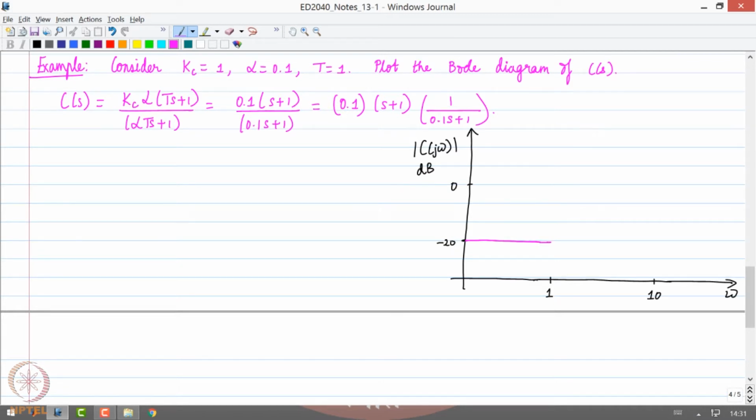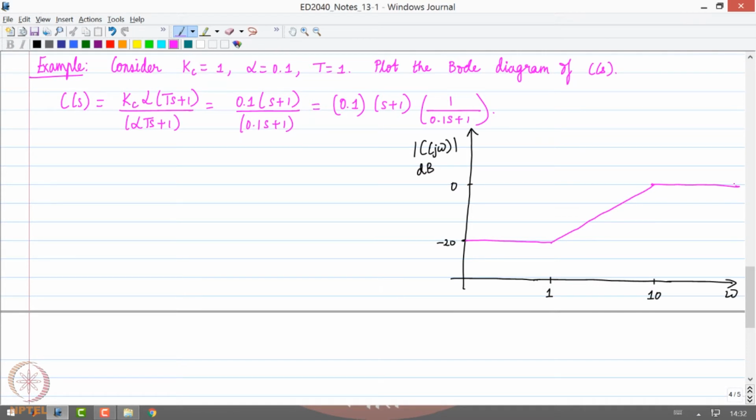We are going to have a contribution of minus 20 decibels due to the factor 0.1 till the first corner frequency of 1. Then we are going to have a straight line with a slope of plus 20 decibels per decade between the 2 corner frequencies. As a result I will go from minus 20 decibels to 0 decibels as far as the log magnitude is concerned. Then after that I will settle down at 0 decibels, because the factor 1 by 0.1 s plus 1 will come into play.